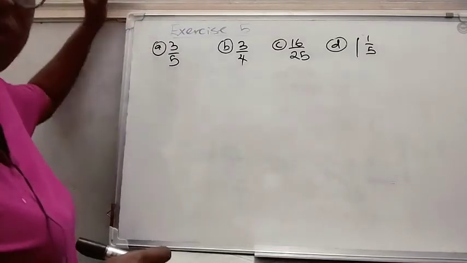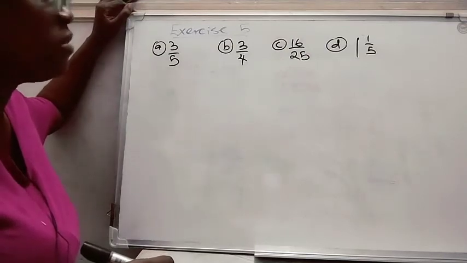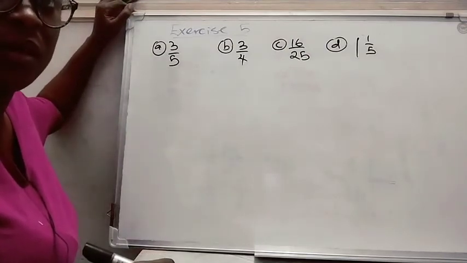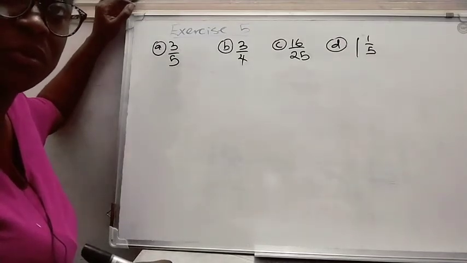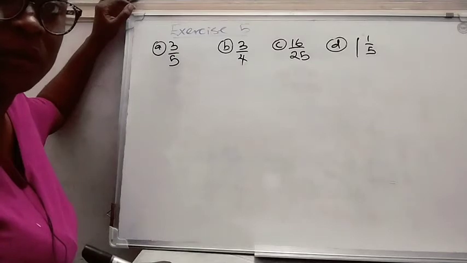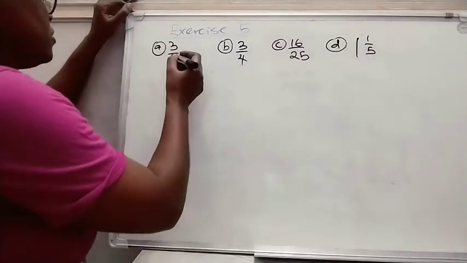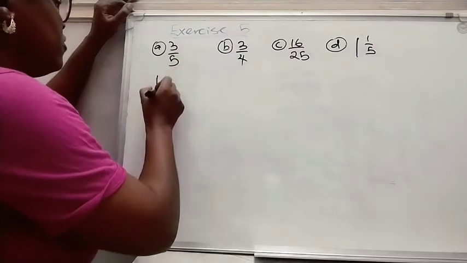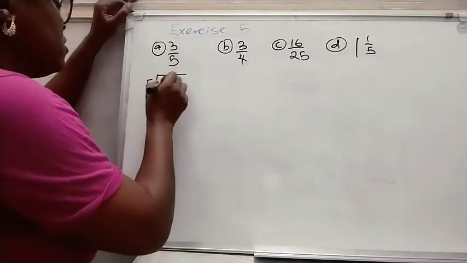So we start with 3 over 5. There are different methods to do this. You could use the long division method. You could also use the decimal method.